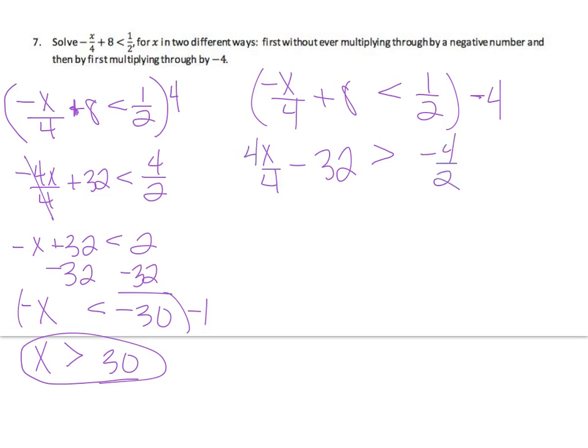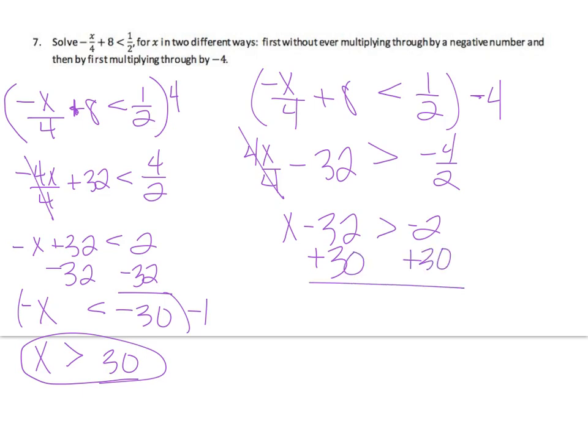Sorry, this would be... Yep, I miswrote that. Cancel those out. That would be a negative 2. Oh, mistake. Mistake alert. Oh no, I did it. Flip my inequality. Add 30 to both sides. And I have x is greater than.